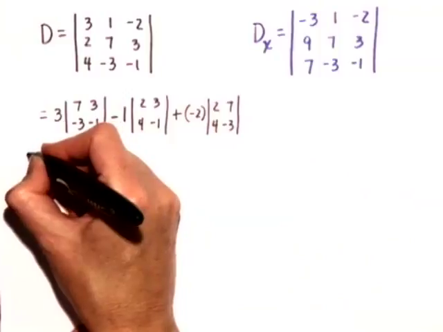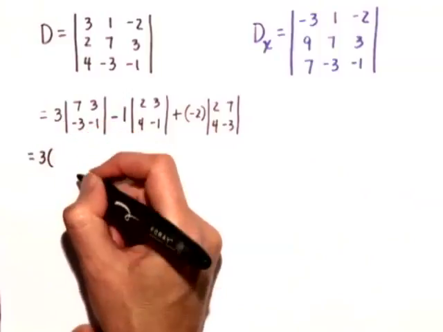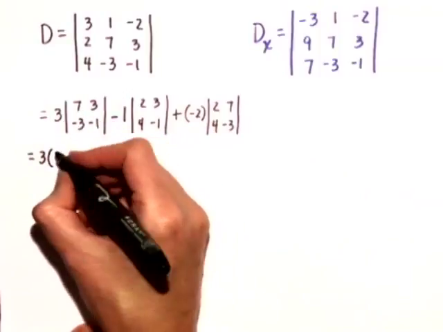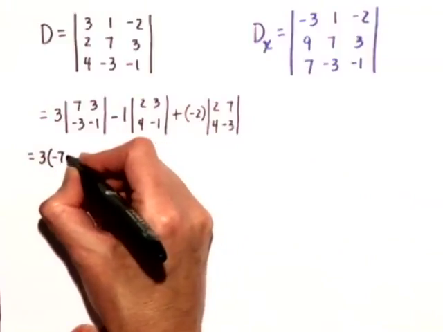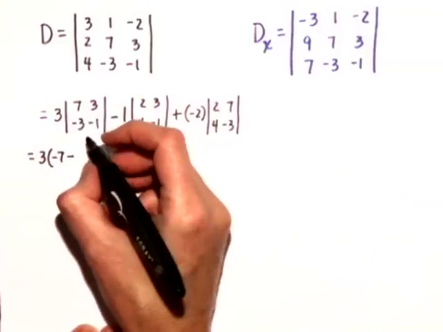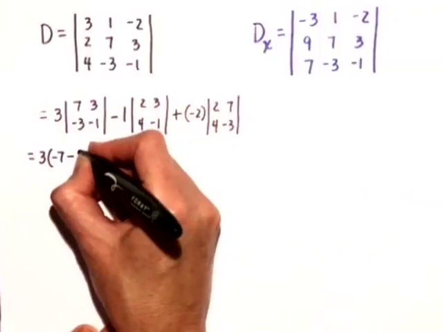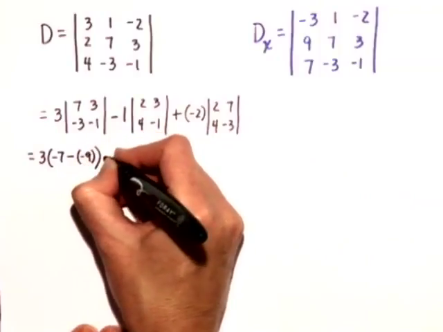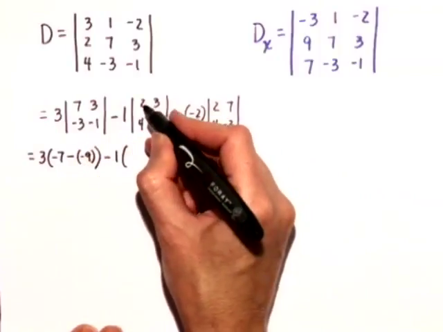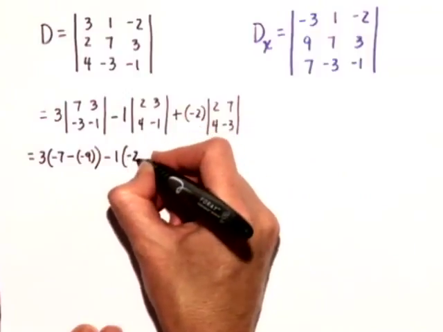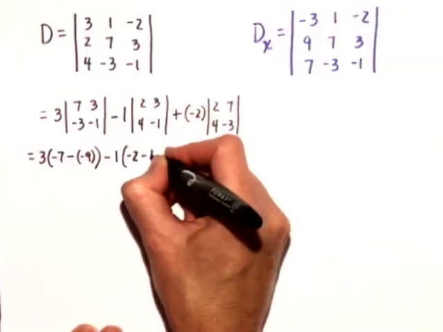Let's calculate these values. We have 3 times the quantity 7 times negative 1 is negative 7, minus negative 3 times 3 is negative 9. Minus 1 times the quantity 2 times negative 1 is negative 2, minus 4 times 3 is 12.